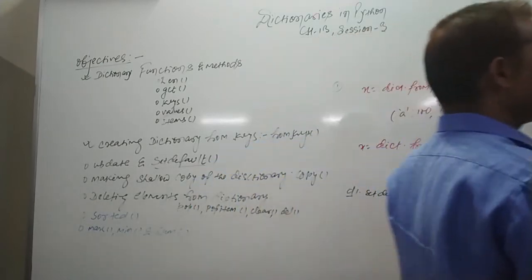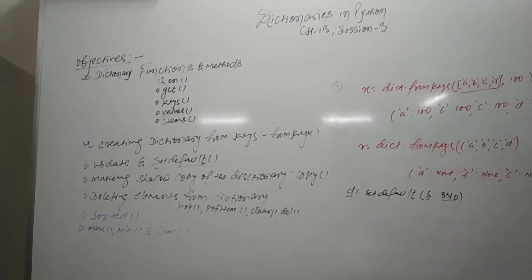That is the purpose of the setdefault method, and it generally returns the value that has been added. So it will return the value 340 once you apply this command. Now the update method simply updates the values of a dictionary with another dictionary.